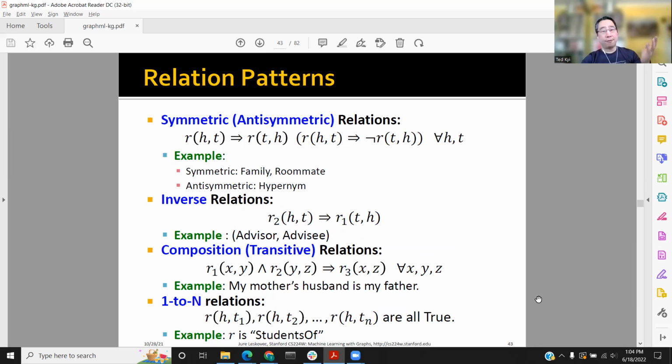So you can have symmetric relationships like roommate, but you can also have anti-symmetric relationships. They have, as an example here, hypernym. I didn't remember what that was, I had to look it up. But hypernym is sort of like "is a kind of." And so you would expect that if the relationship "red is a kind of color" is true, then "color is a kind of red" should always be false. If one direction is true, the other should always be false.